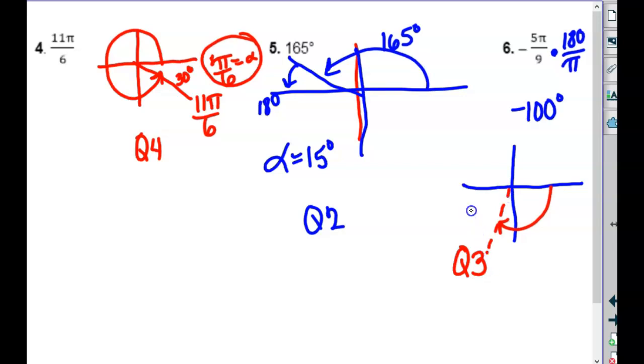I think you're right, but this, if we went 100 this way, it would be 80 degrees as the reference. This was negative 5 pi over 9. If we change 80 degrees back to radians, we get 4/9.